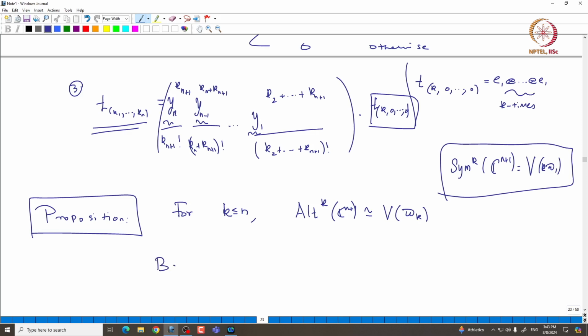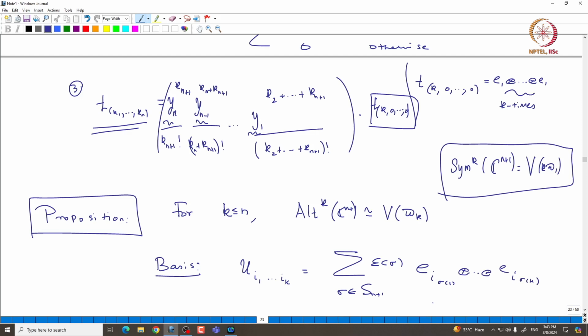So, we already have the basis. The basis is given by, let us call it, u I 1 etc. u I k. This is given by the summation of sign of sigma, sigma coming from S n plus 1, E I sigma 1 tensor etc. tensor E I sigma k.